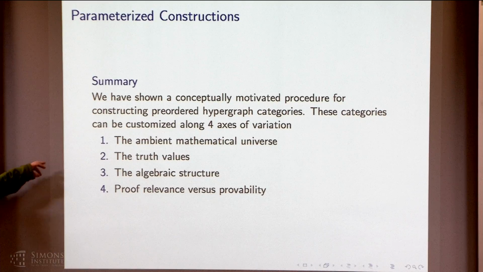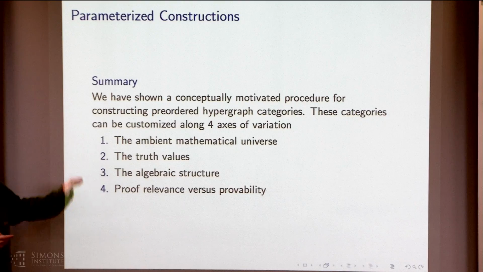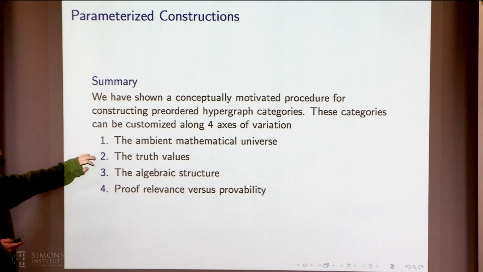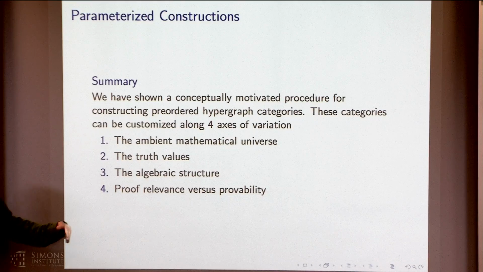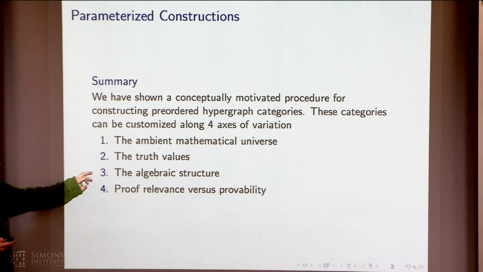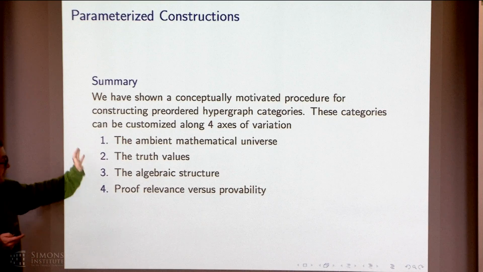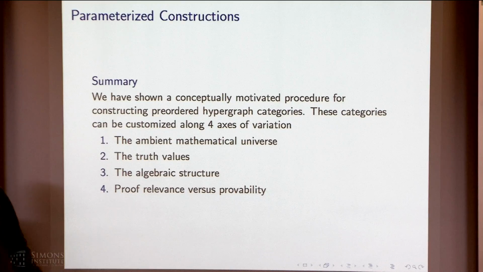We first have to fix an ambient mathematical universe, so a topos in which we're working. Once we've done that, we can pick an internal quantale that describes how truth should work. We can pick an algebraic structure, so that's the analog of this convexity that we saw earlier.